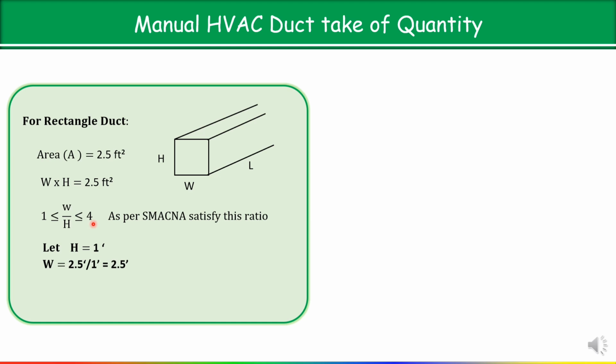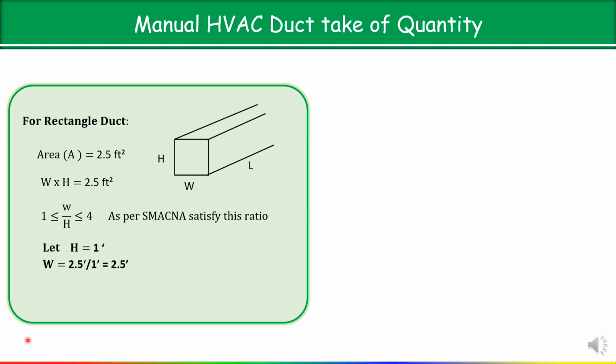So always we have to satisfy the aspect ratio for a rectangular duct. In our case, the space availability above the false ceiling is 1 feet, so as per that I considered the height and substituted this H value in this equation, and from there we got the width. Now calculate the ratio and check that the aspect ratio is satisfied. If it is satisfied, the size you have selected is correct.